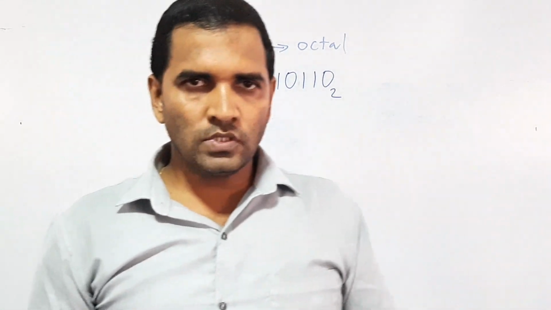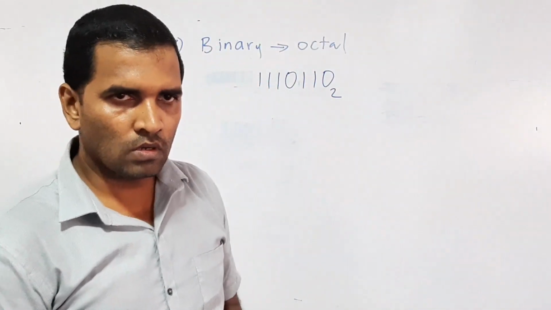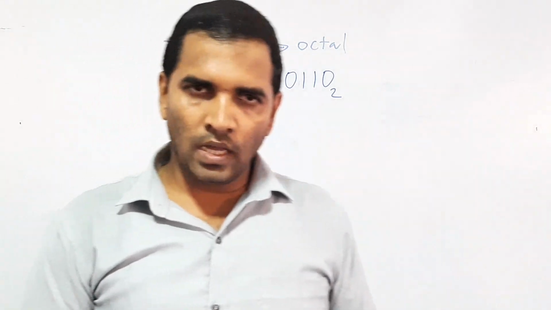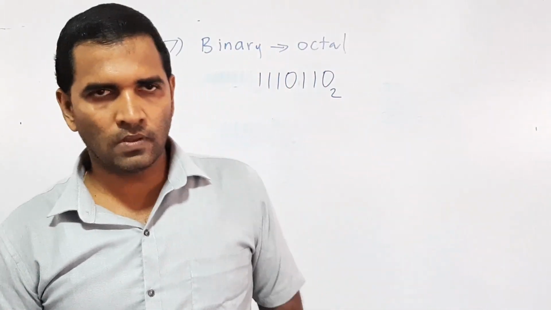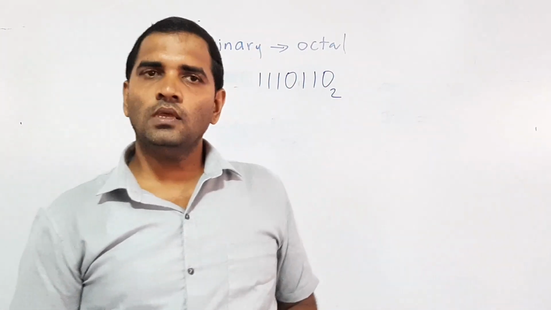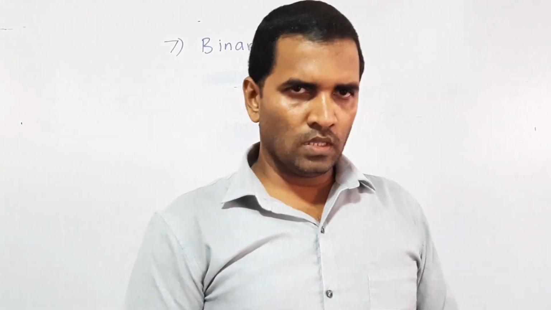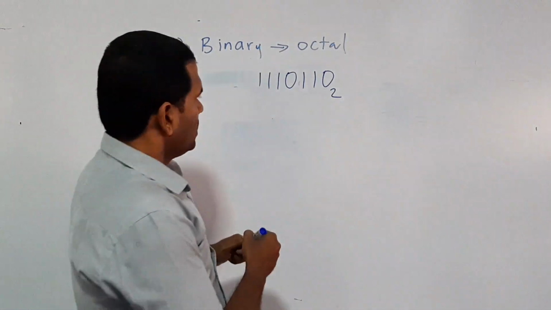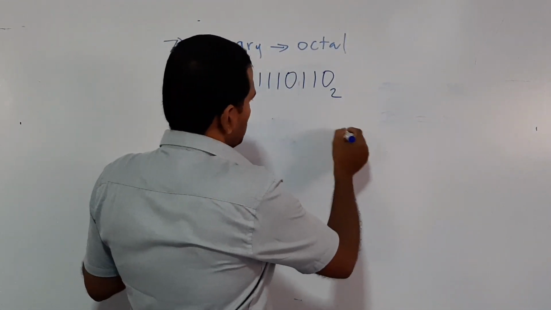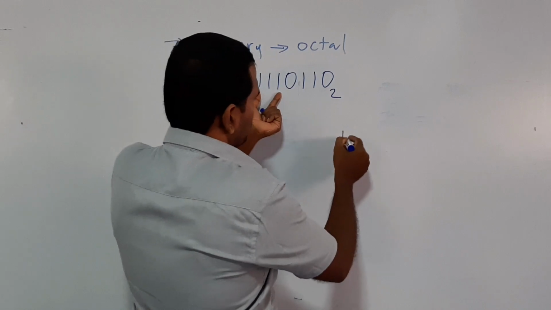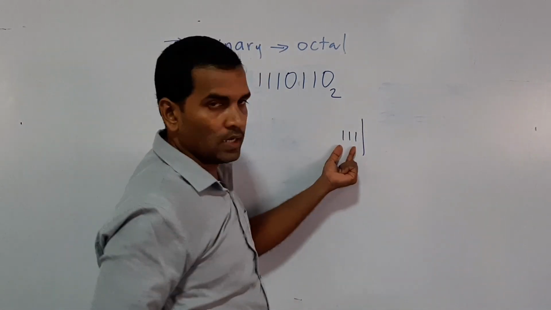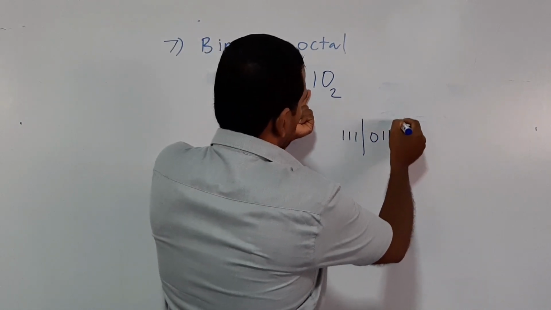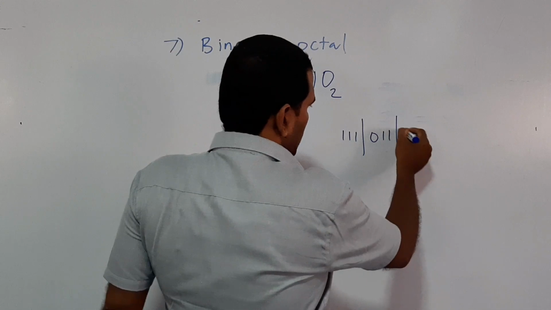So now you may have some issues with grouping, because in my previous example I had only 6 digits, so I could easily form the groups of 3 bits, but here I have 7 bits. So if I group these 3 ones first, one group, next 3 digits, 0, 1, 1, another group. So now you have only 0.